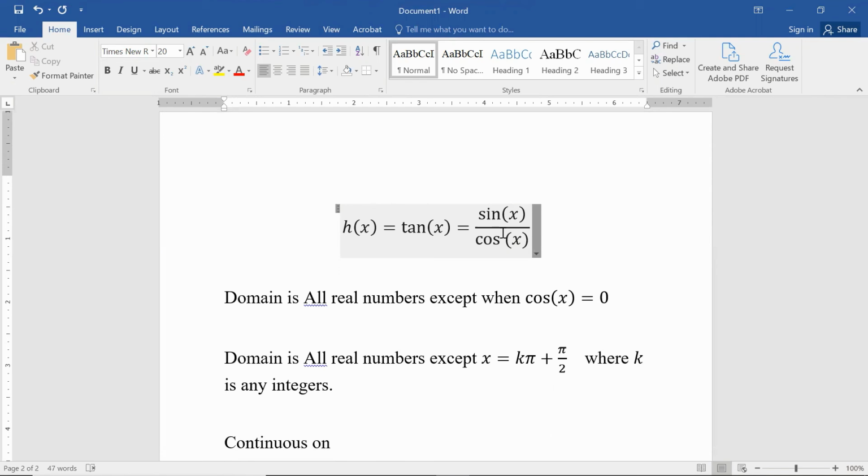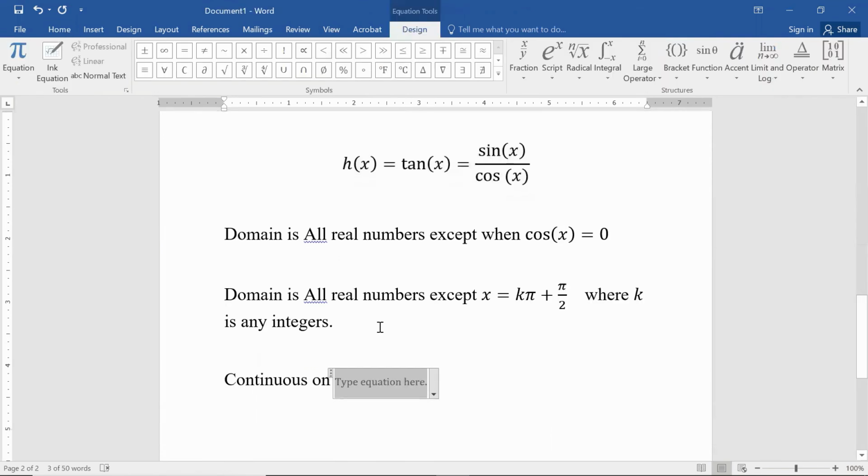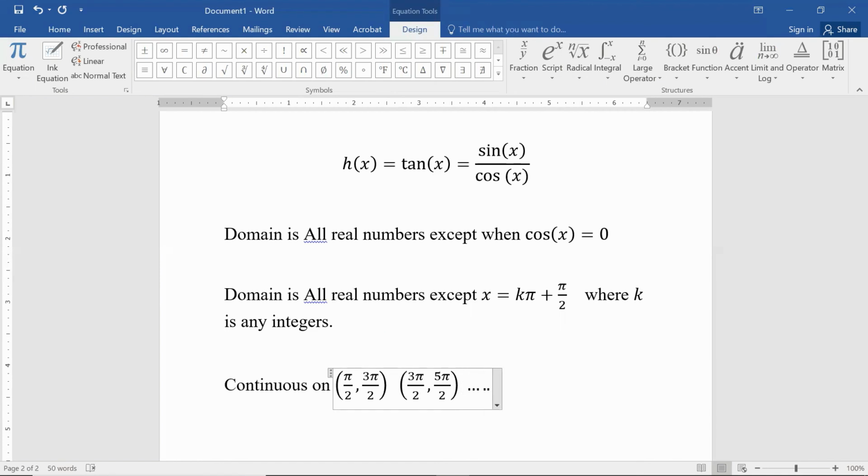So what's that mean? Well, we're continuous on all kinds of intervals. Pi over 2 to 3 pi over 2. Then we pick back up after 3 pi over 2 up to 5 pi over 2. And we could just keep this going, 5 pi over 2 to 7 pi over 2.